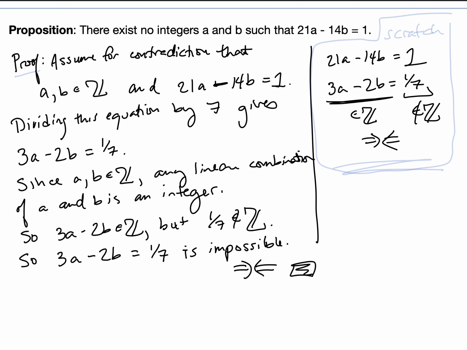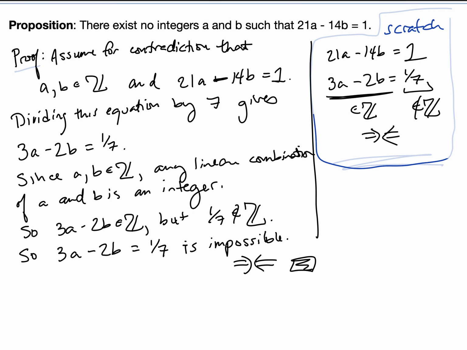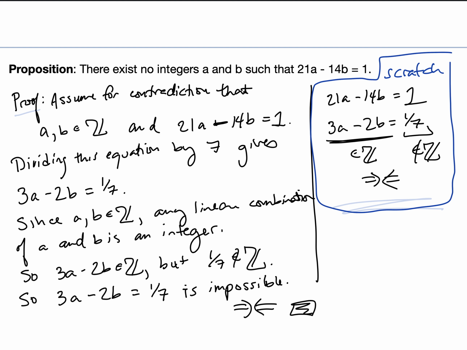I do want to highlight the usefulness of using scratch paper over on the side. Again, we should be writing things that are not necessarily in the body of our actual proof. And a lot of people, when they're first writing proofs, have issues of, how do I start, and kind of freeze up.